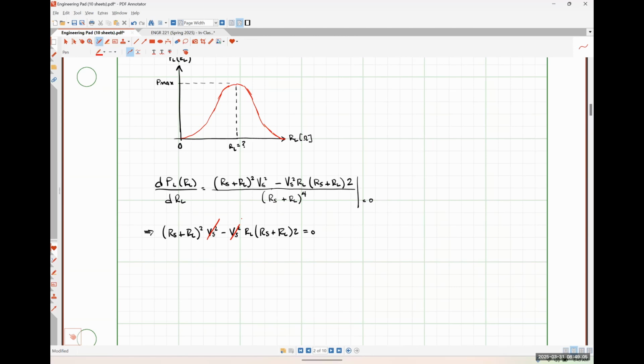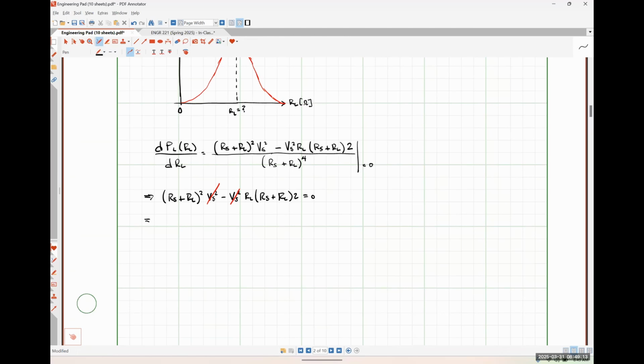Now I'm going to need to FOIL this thing out, 8th grade math style. So that's going to look like RS squared plus twice RS RL plus RL squared. And then I'm going to have minus, and let's see what's going to shake out over on this side. I'm going to have a 2 RL RS, and then a 2 RL RL, so that's just going to look like 2 RL squared.